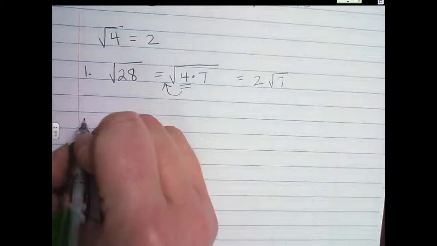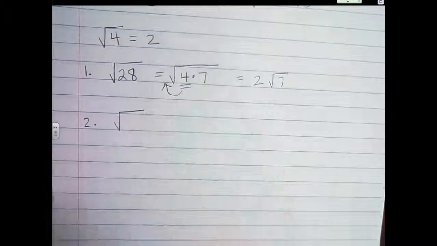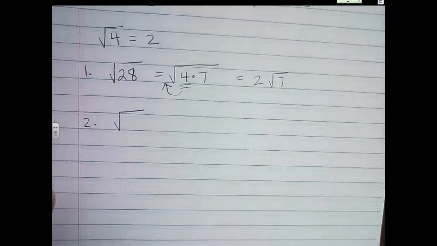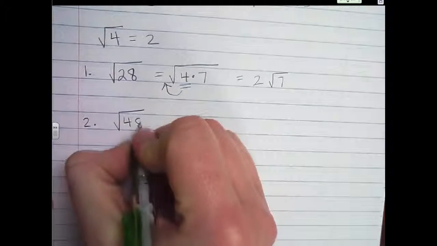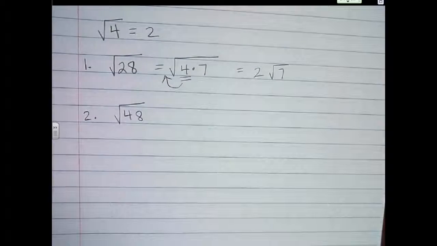Okay, number 2. Let's try another one. I think my next one is 48. Square root of 48. Now, what I want you to do is take 48 and make your factor chart like we did in the last chapter. It's nothing to do with factoring, but I want you to make your factor chart, and I'm going to show you why.